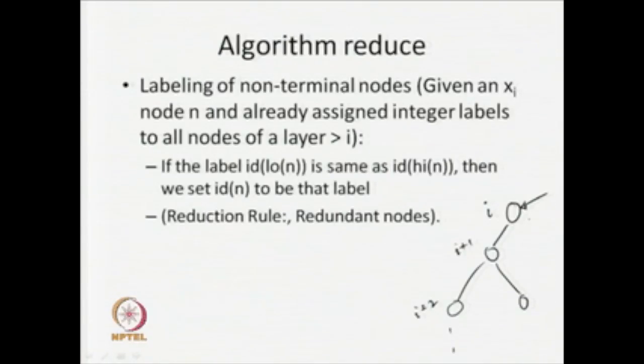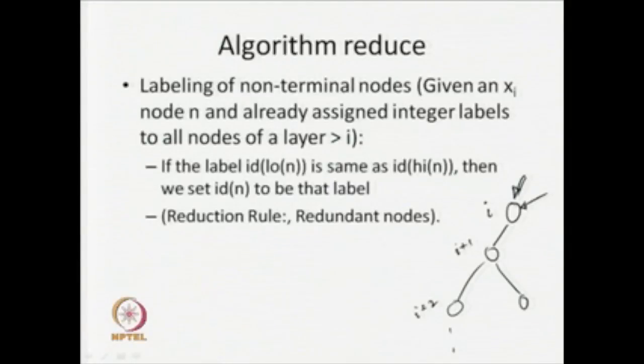Since we are following the bottom up approach, when we reach this particular node, all the nodes below it will already be labeled. If the ID of low n is the same as the ID of high n, then we set the ID of n to be that label of that level.